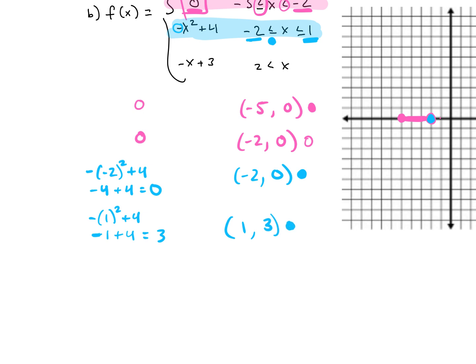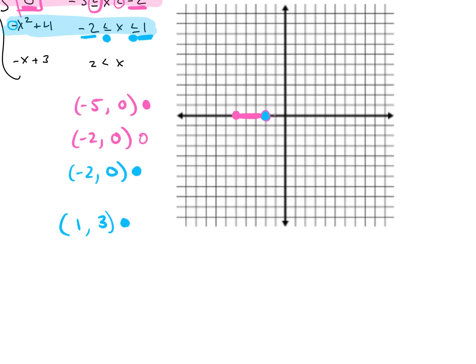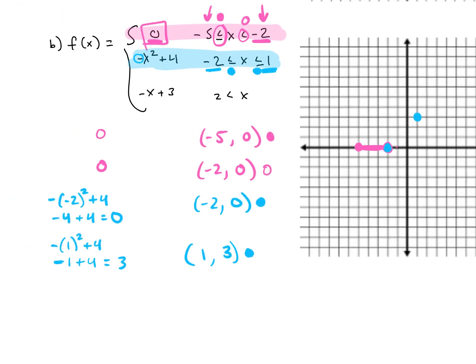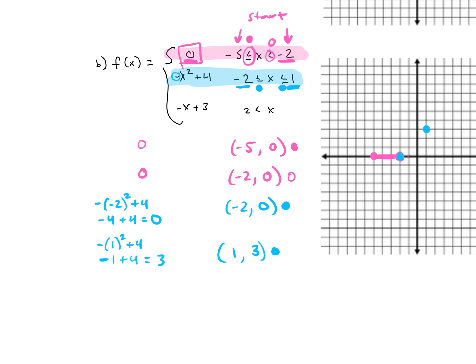Closed circle, because it is a less than or equal to. So we go to the right 1 and up 3. Am I going to connect these 2 points with a line? Is this piece of my graph linear? No, it's not. What shape does this piece of my graph have? If it's x squared, what type of graph do we have? A parabola.